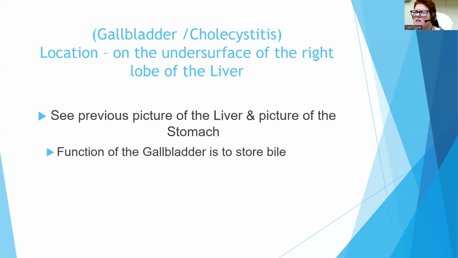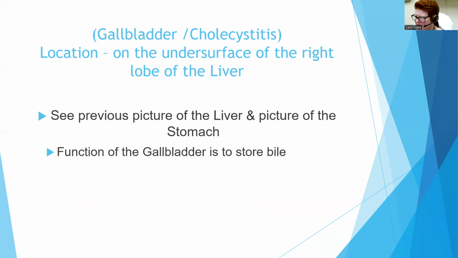Cholecystitis is the inflammation of the gallbladder. This can happen from infection. It can happen with gallstones, which is called cholelithiasis, and we'll go into more of that when we do the exemplars. And like I said, the gallbladder is located on the undersurface of the right lobe of the liver.